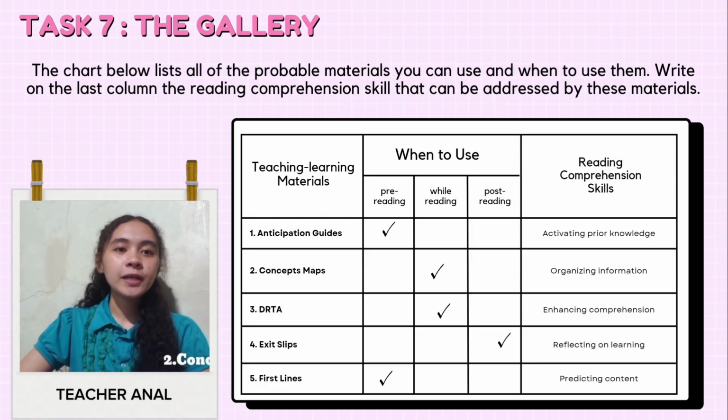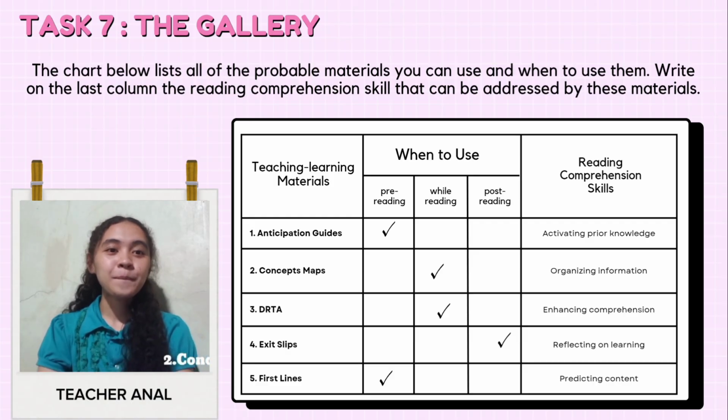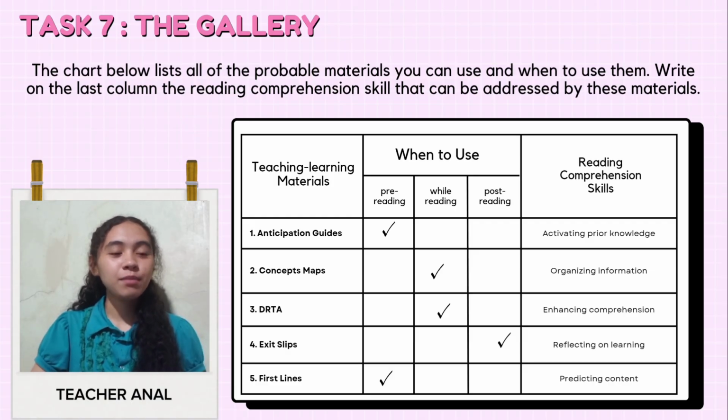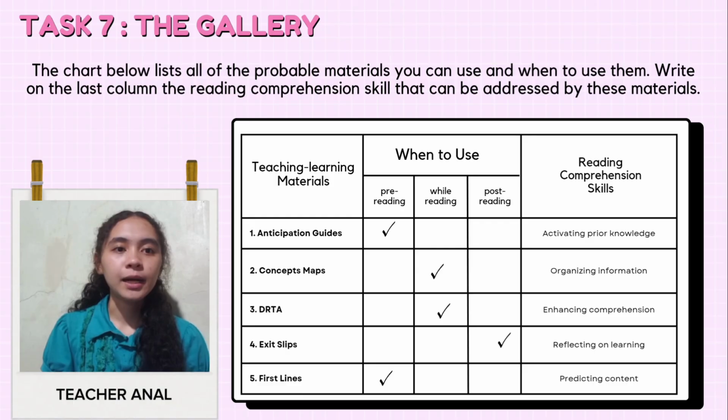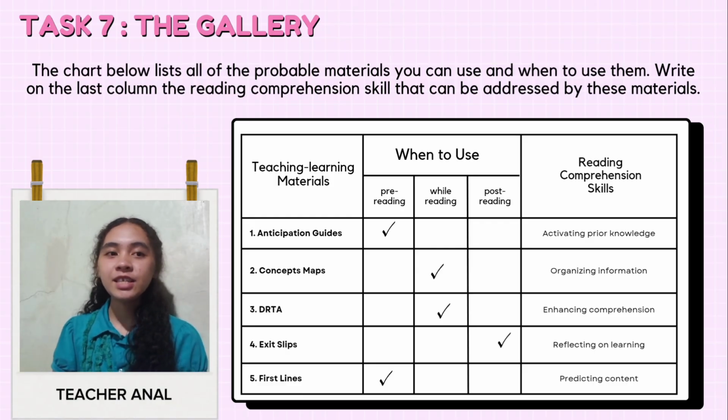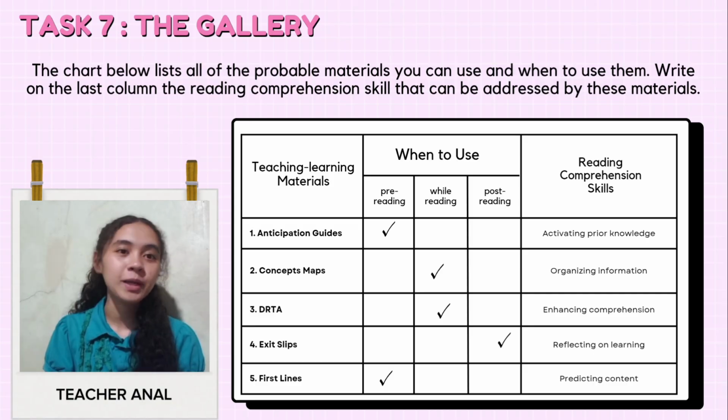The reading comprehension skill: organizing information. Concept maps help students visually organize information as they read. This technique allows them to see relationships between concepts, making it easier to understand and remember the material.